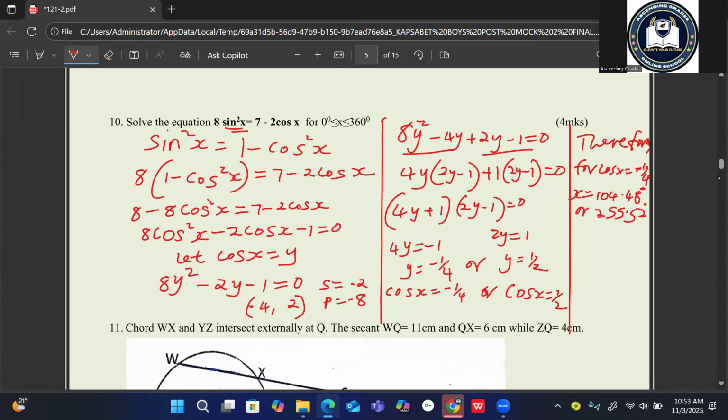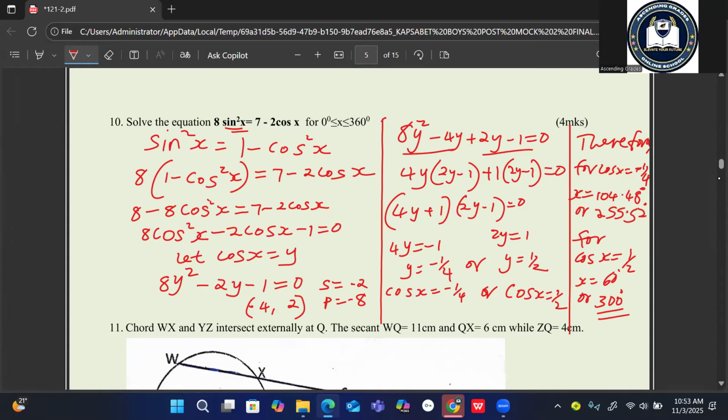Then for cos x is equal to half, x will be equal to 60 or 300 degrees. So that is it. You have your 4 marks. From there, we go to the next number, that is number 11.